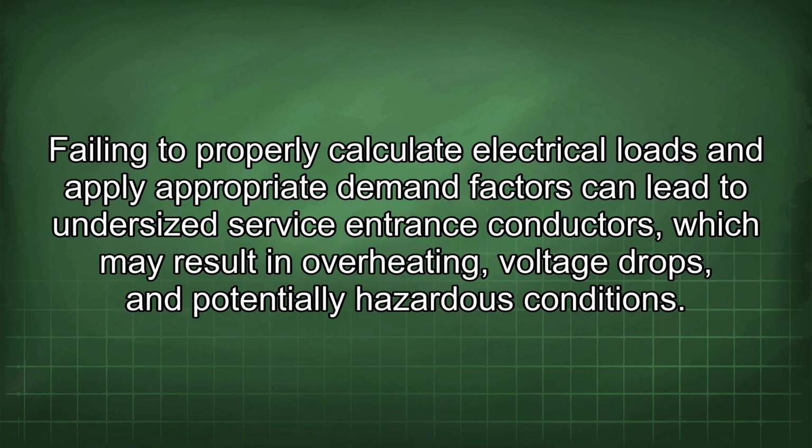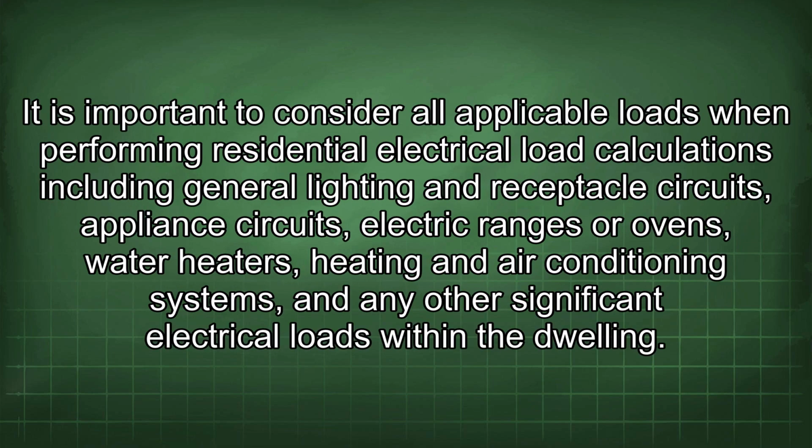Failing to properly calculate electrical loads and apply appropriate demand factors can lead to undersized service entrance conductors, which may result in overheating, voltage drops, and potentially hazardous conditions. It is important to consider all applicable loads when performing residential electrical load calculations, including general lighting and receptacle circuits, appliance circuits, electric ranges or ovens, water heaters, heating and air conditioning systems, and any other significant electrical loads within the dwelling.